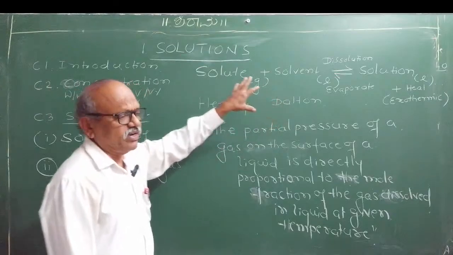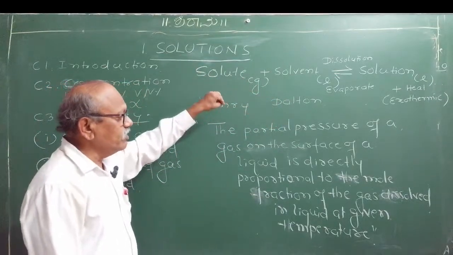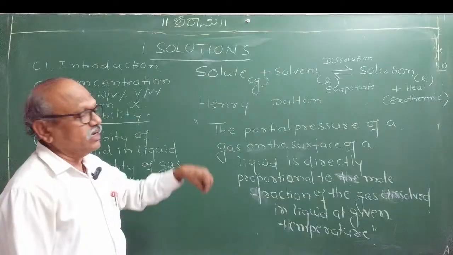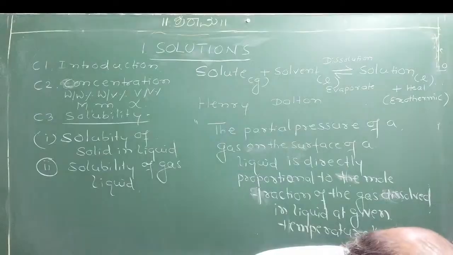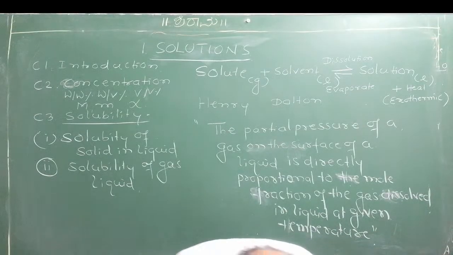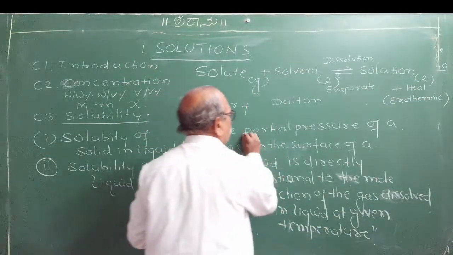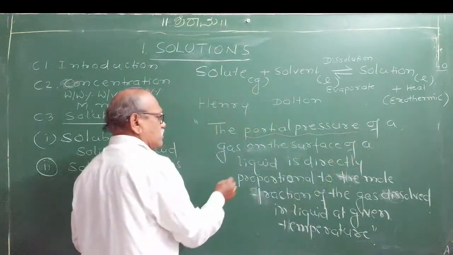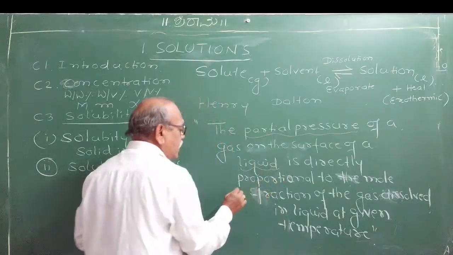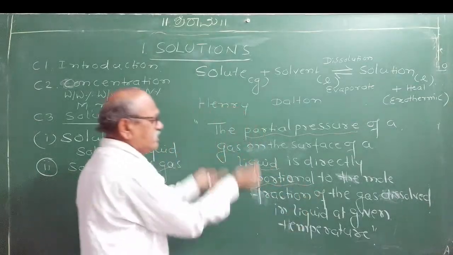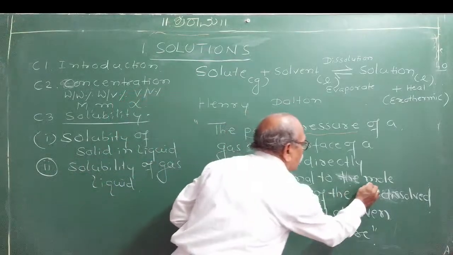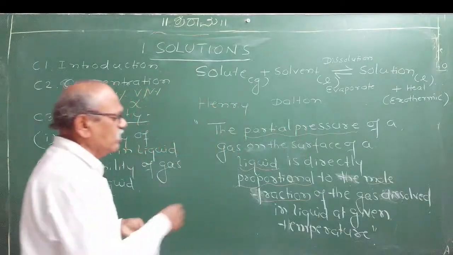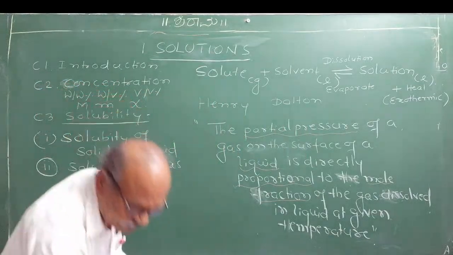Among them, if you consider oxygen in particular, then comes the partial pressure. The partial pressure of a gas on the surface of a liquid is directly proportional, meaning it increases, to the mole fraction of the gas dissolved in the liquid at a given temperature.